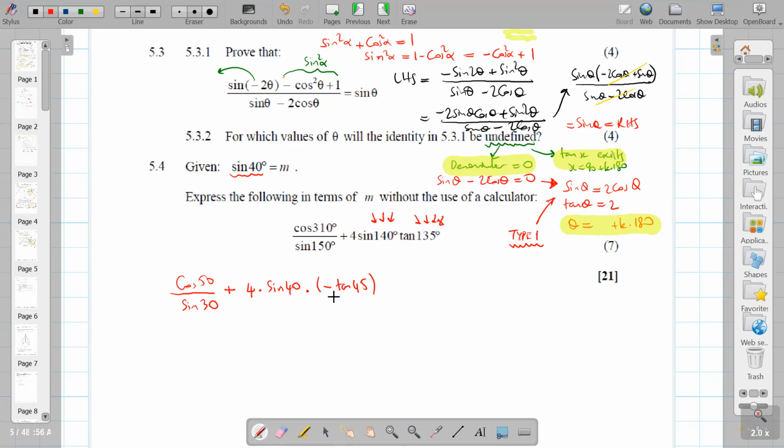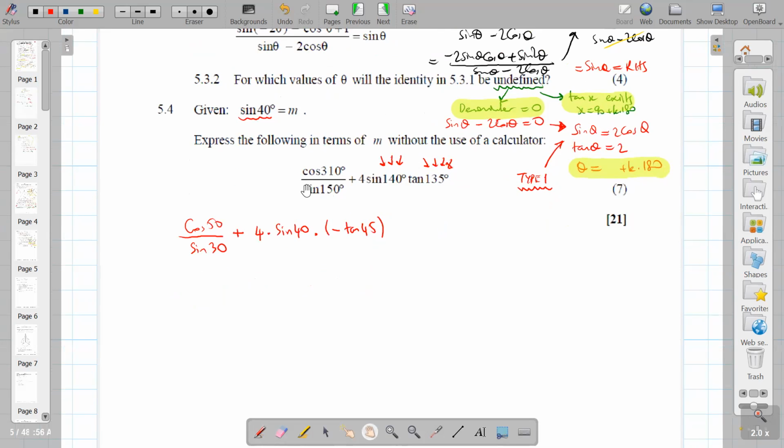So 45, 60, and 30 are our special angles. I can just use the calculator in a way, but I shouldn't show that. So basically, I have to write cos 50 divided by 1/2 plus 4 times sine 40 times what? The special angle gives -1. So this thing is 2 cos 50 minus 4 sine 40.